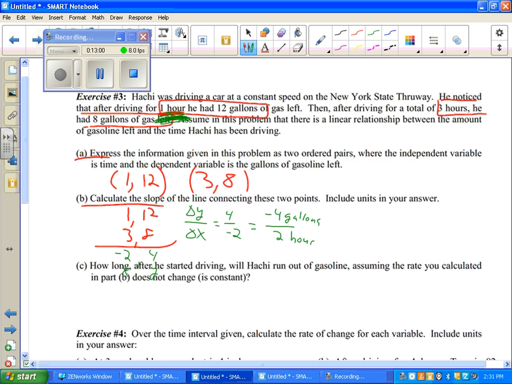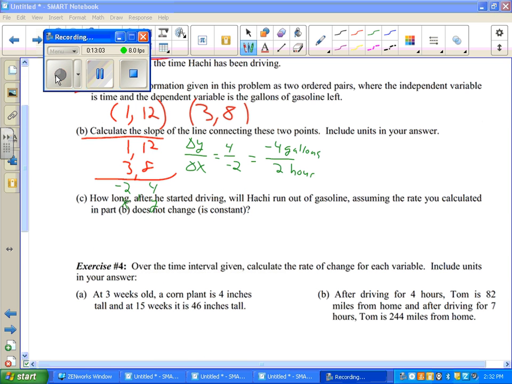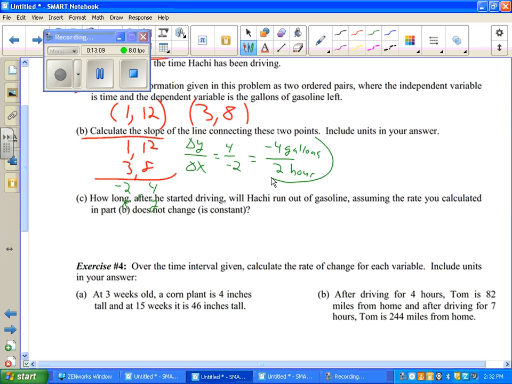Okay. Let's take a look at how long until he runs out of gasoline. Well, there are several different ways to do this, but if we know that he uses 4 gallons every 2 hours, I'm going to put 0, 1, 2, 3, 4, 5, 6, 7, 8, 9, 10, 11, 12. Why did I put 12?